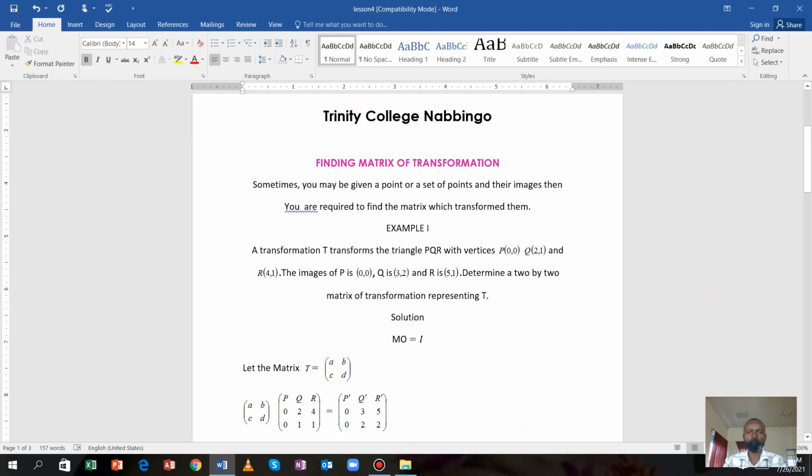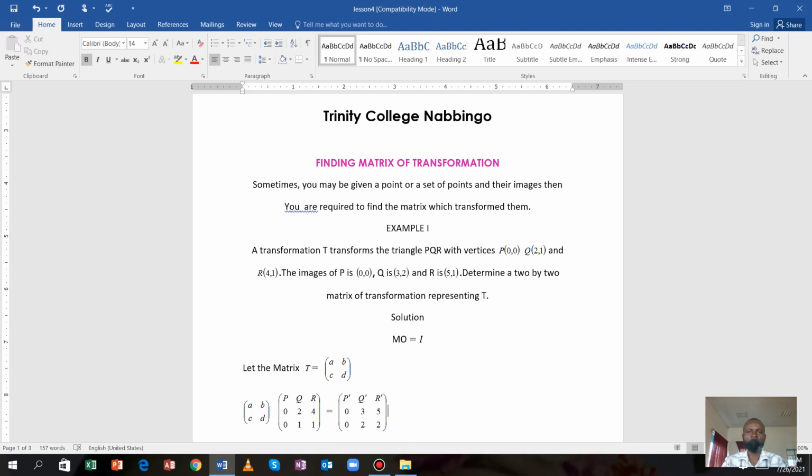a transformation T transforms the triangle PQR with the vertices P(0,0), Q(2,1), and R(4,1). Those are the object points. Then I've given you again the image points.